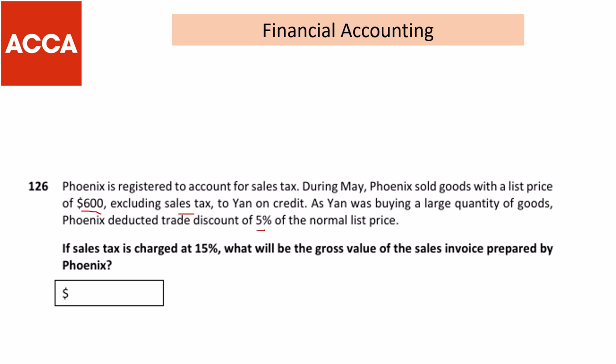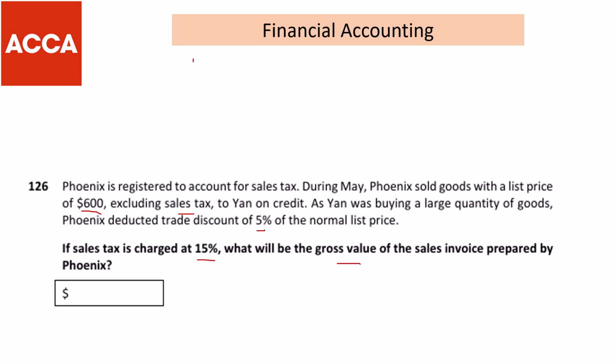Now, if you've been following my normal tutorials, you will have learned that trade discount is offered at the point of sale. So if sales tax is charged at 15%, what will be the gross value of a sales invoice prepared by Phoenix? The gross value would be the amount plus the sales tax.